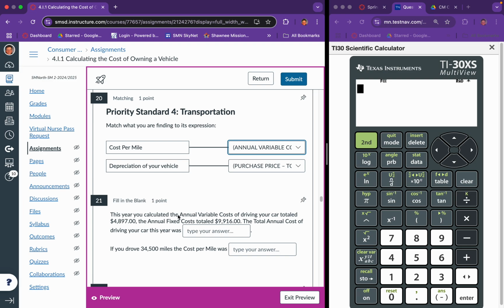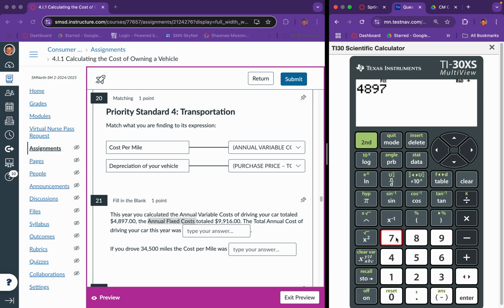This year you calculated your annual variable costs of driving your car and your annual fixed costs. We're going to add those two numbers together to see how much money you spent on your car this year. So you spent $4,897 on the variable costs.